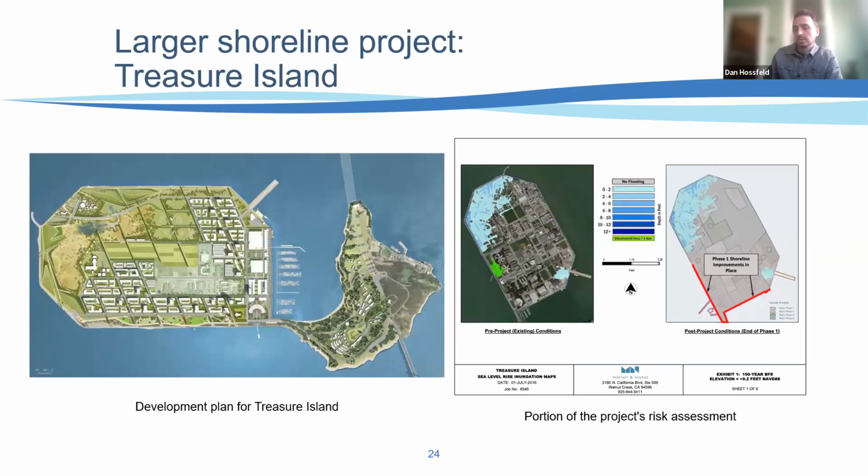So another example here is Treasure Island or Yerba Buena Island redevelopment, which was permitted in 2016. Again, just sharing an example of the scope. This one's obviously bigger. This is an island in the bay. And also a portion of the risk assessment that was associated with that project.